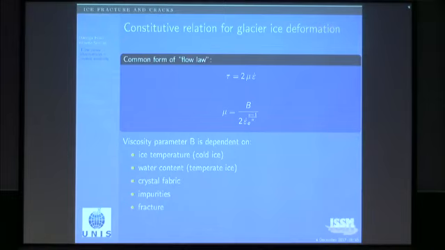We take it as a given that n is 3 in glaciology. That's not entirely true, but we do it anyway. And this viscosity parameter is typically what we're inverting for on an ice shelf. We take that to be primarily dependent on ice temperature, but there are other factors that will certainly influence this bulk viscosity parameter.